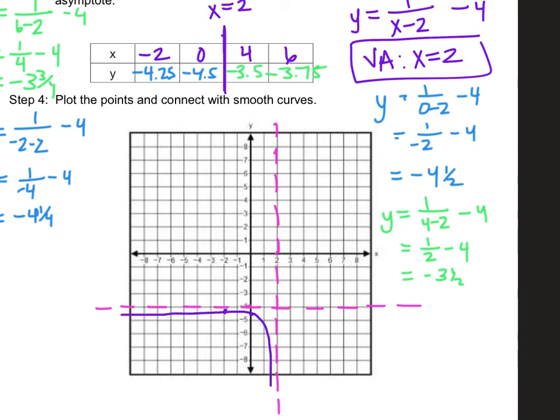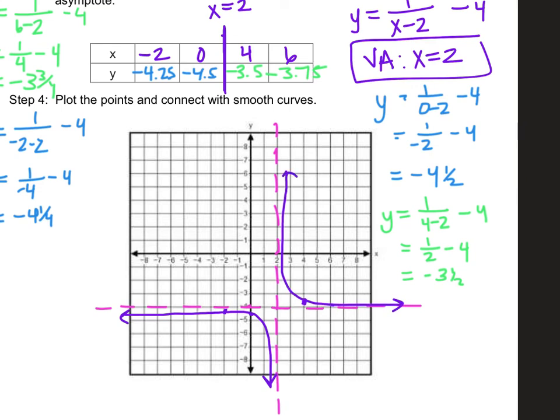That's what this is helping me with, and it gets right up close to the asymptotes. All right, 4 and -3.5 is going to be about there. And 6 and -3.75 is even closer to the asymptote. So again, we know that our curve is going to be over here.